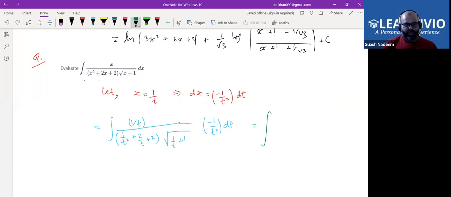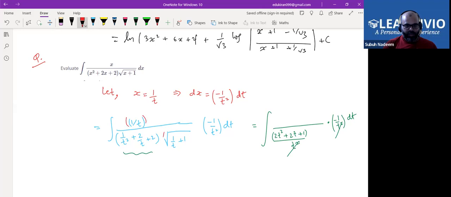Then you write it as integral of this will become, first of all, just see this one. So here it will be 2t square plus 2t plus 1, this is what you will get, by t square. And there is minus 1 by t square here, dt. So this t square and this t square will cancel. What else we will do?